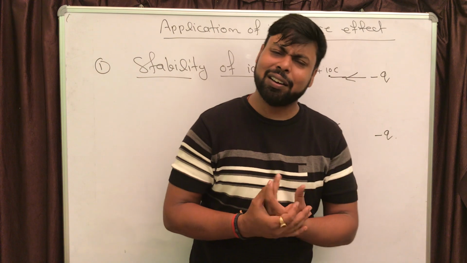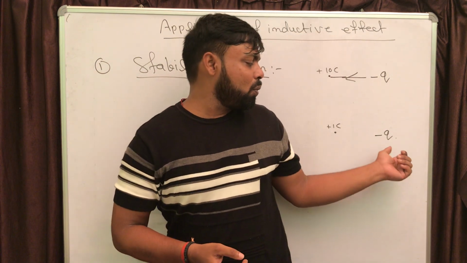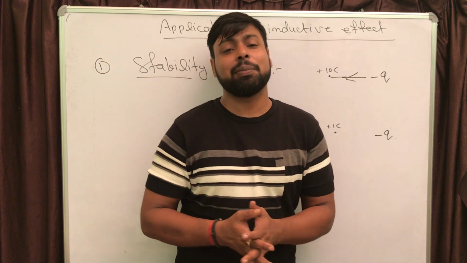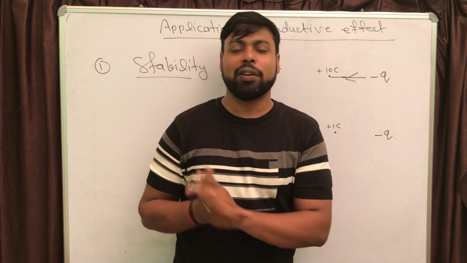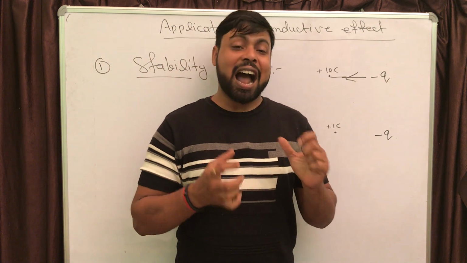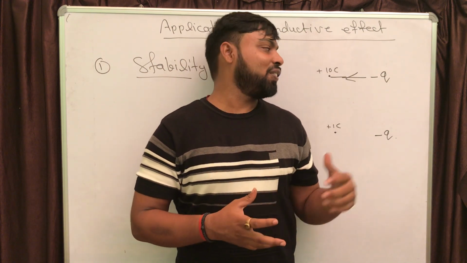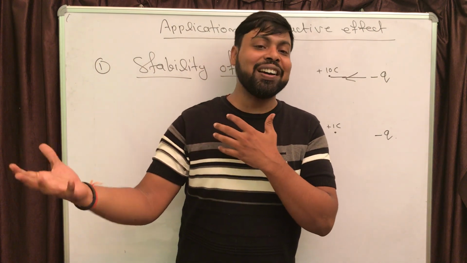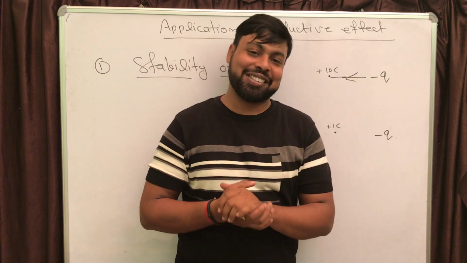So the movement of this minus q charge towards this 1 coulomb charge will be very, very slow. So what can I say? The identity of this 1 coulomb charge will be much longer than this 10 coulomb charge.